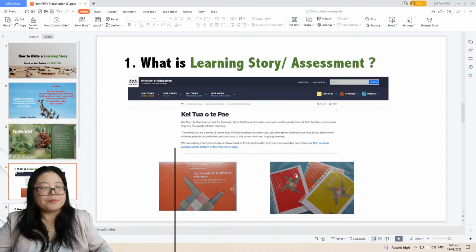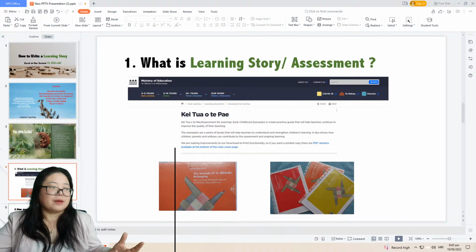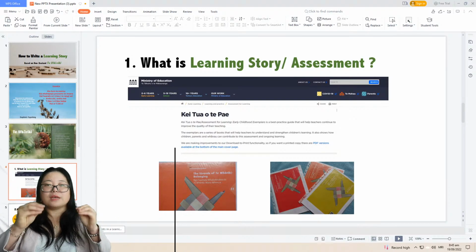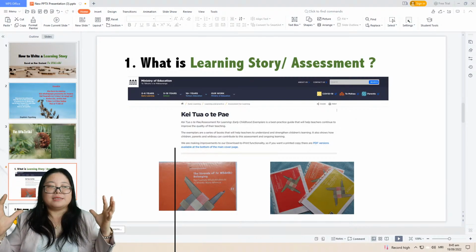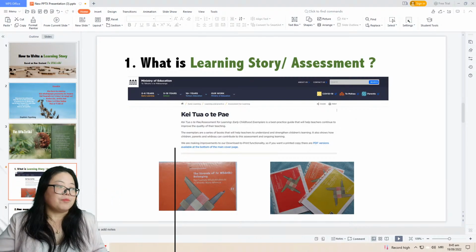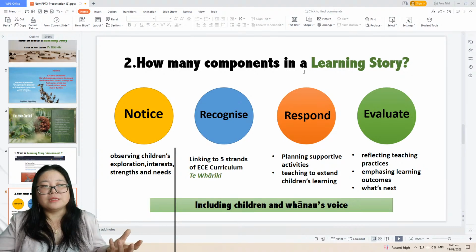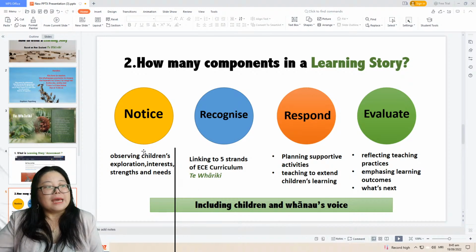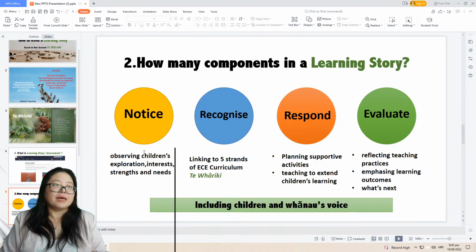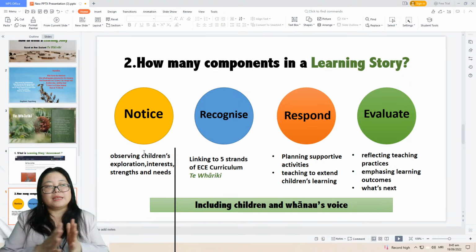So you may be wondering, what's the main part about it? I won't give you detail today, but I would like to give you a broad idea about how many components you are supposed to include in an appropriate learning story. As we all know, in New Zealand, there are 4 parts you must include in your learning story.